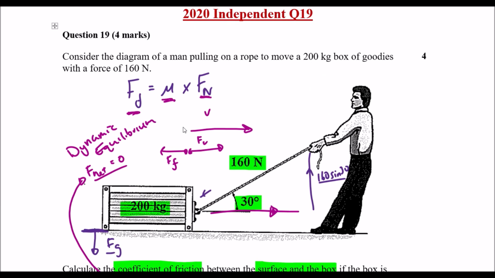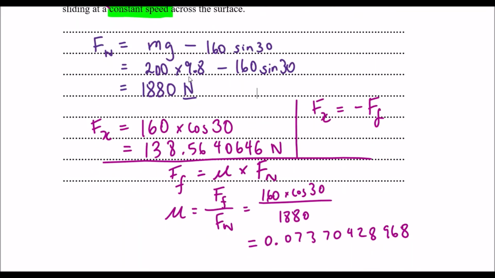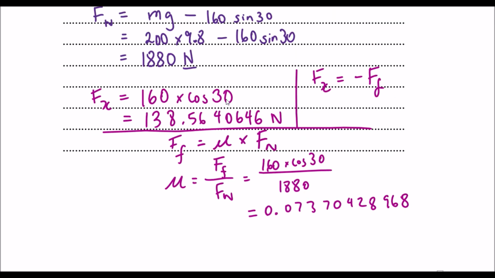Now let's see what number we should round it off to. In the actual calculations I used, the lowest sig figs was 9.8, which is 2 significant figures. So I can round this off to 0.074. There are no units for the coefficient, and that's how you do the question.